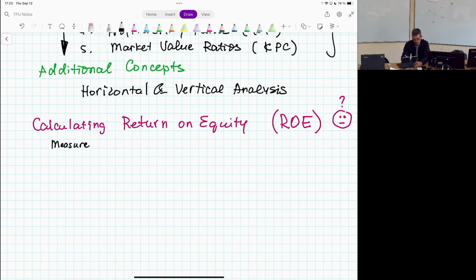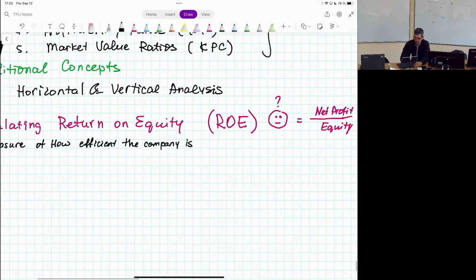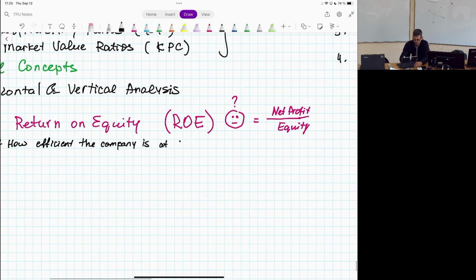Measure of how efficient the company is at generating profits.